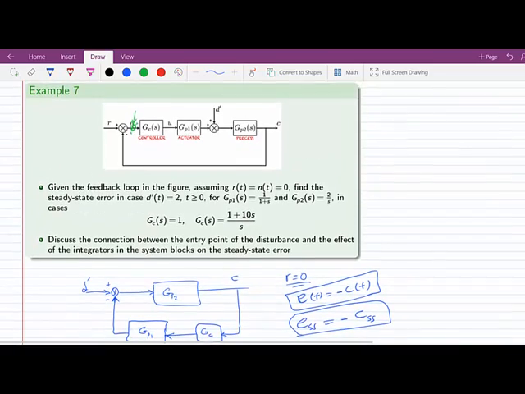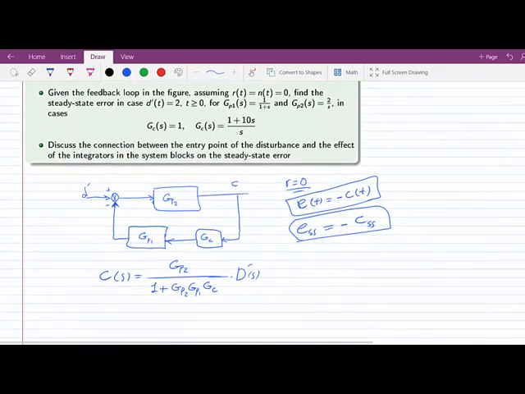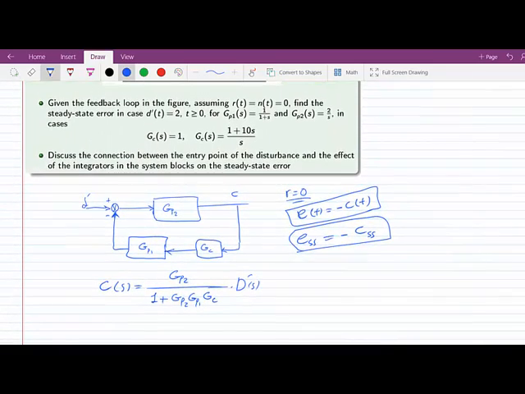We already have values for Gp1 and Gp2, as you can see here, and let's assume that Gc is equal to 1 for the first case. So case number 1, Gc is equal to 1.